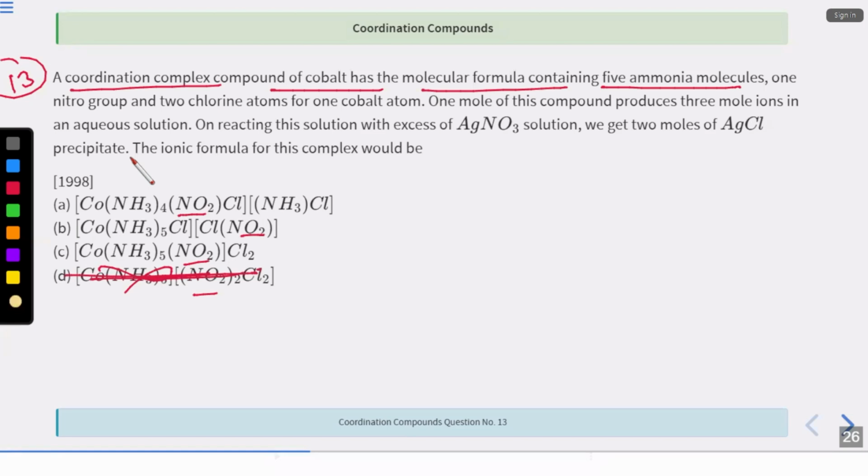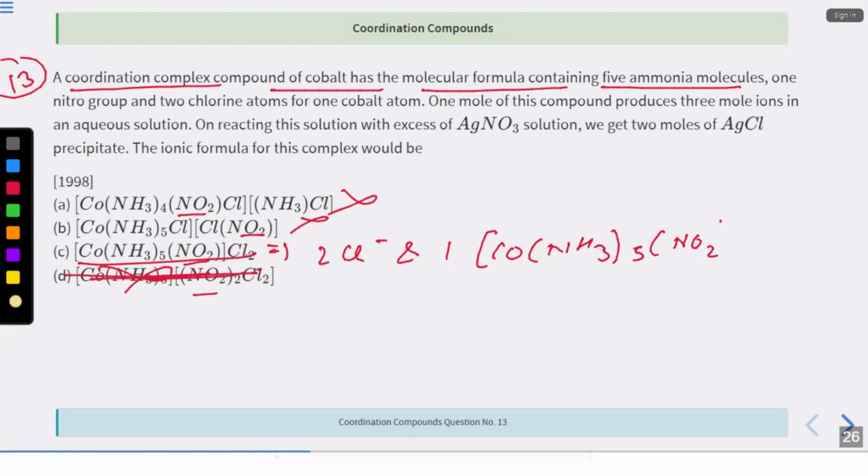Okay. 1 mole of this compound produces 3 mole ions in an aqueous solution. So of course this is also wrong. This is also wrong. Only this is correct because only this will give you 3 ions. 2 Cl minus and 1 Co NH3 5 NO2 plus 2. Because this will give you only 2 ions.